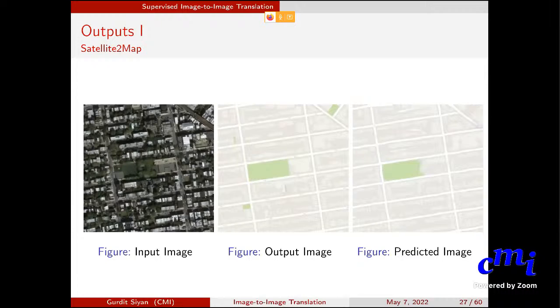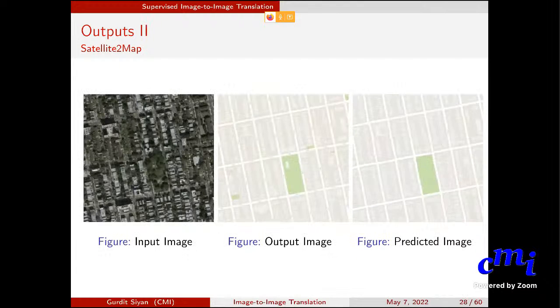Okay, so these are some of the results. This is the input image. This is the output image that we are trying to generate, and this is the predicted image by my GAN. We can see that there are a little bit wobbly lines between the roads, but it gives good results.